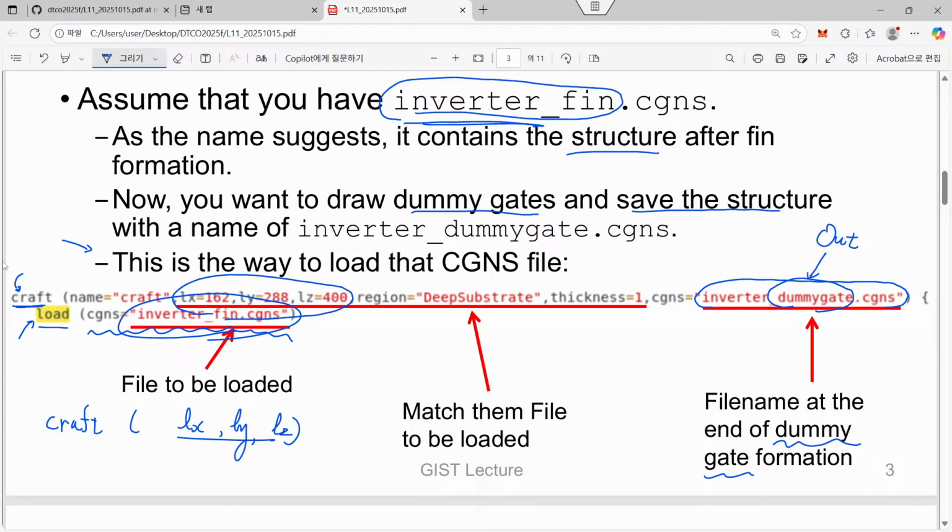Because your inverter_fin.cgns assumes a certain size of your simulation domain, but if you just change it, so instead of this, let's say Lz suddenly becomes 600, or it becomes half of it, 144, then what will happen? The indexing system assumed in your calculation is completely destroyed. So please do not make any change in this domain specification.